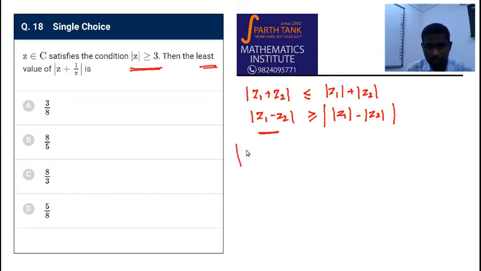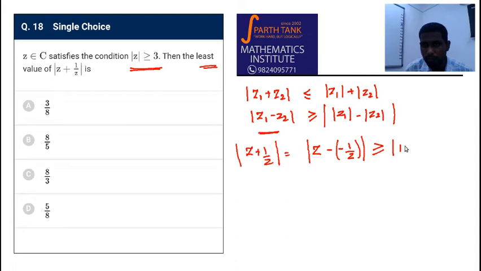How can we rewrite z plus 1 by z in a minus form? Very simple, z minus of minus 1 by z. This should always be greater than or equal to mod of mod z minus mod of 1 by z, the whole mod, right? Now mod of minus 1 by z is 1 by mod z, because mod of minus 1 is 1. And since mod z is going to be greater than or equal to 3, this first term is going to be greater than the second term.